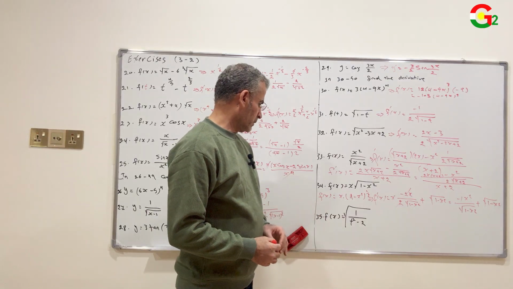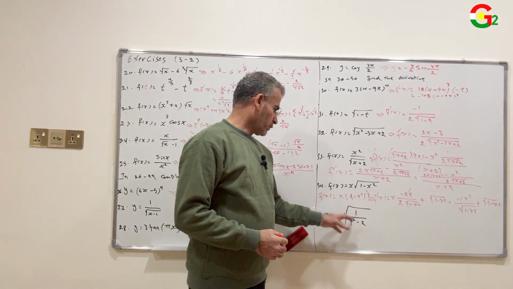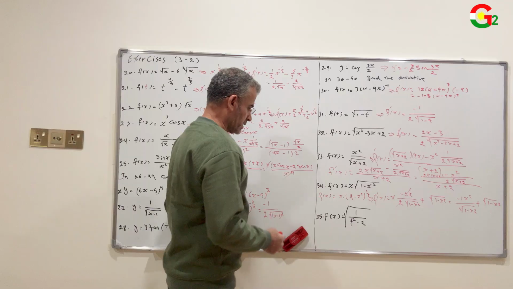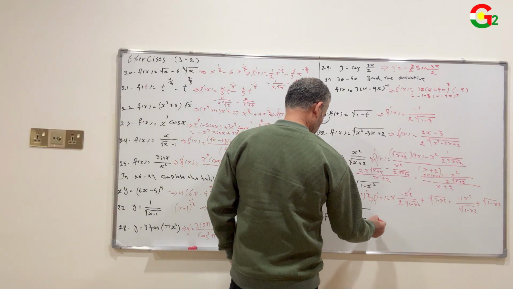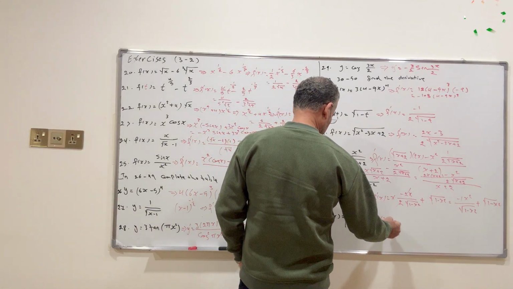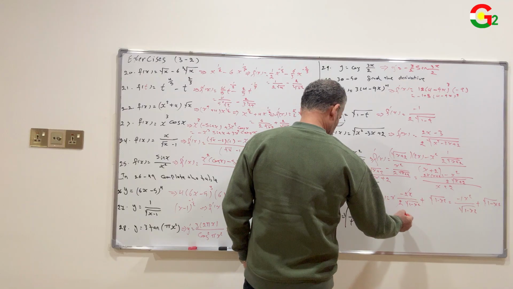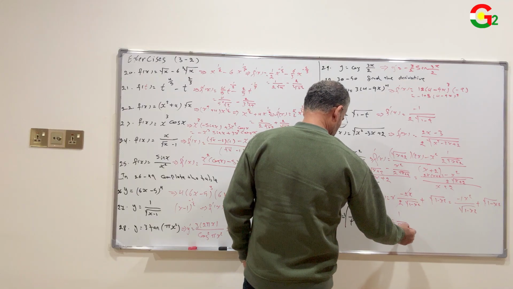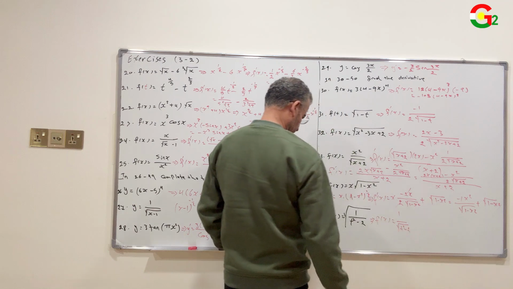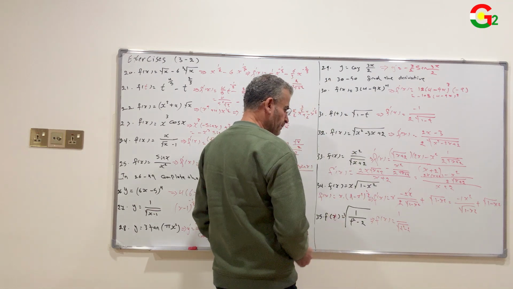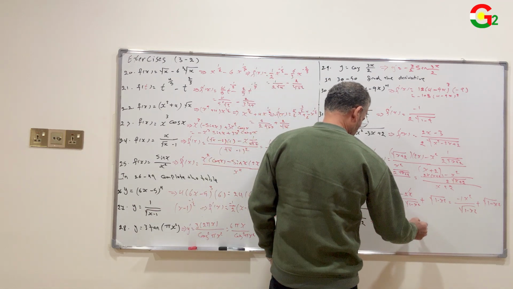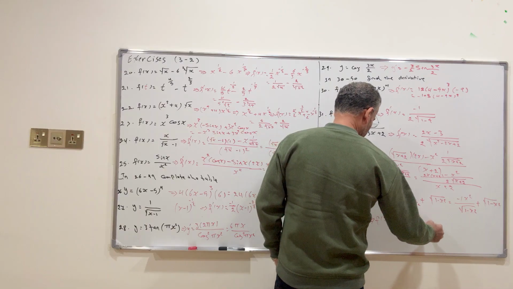f of x equals square root of 1 over t square minus 2. We can rewrite this function as f of t equals 1 over the square root of t power 2 minus 2. Now we can find the derivative f prime.